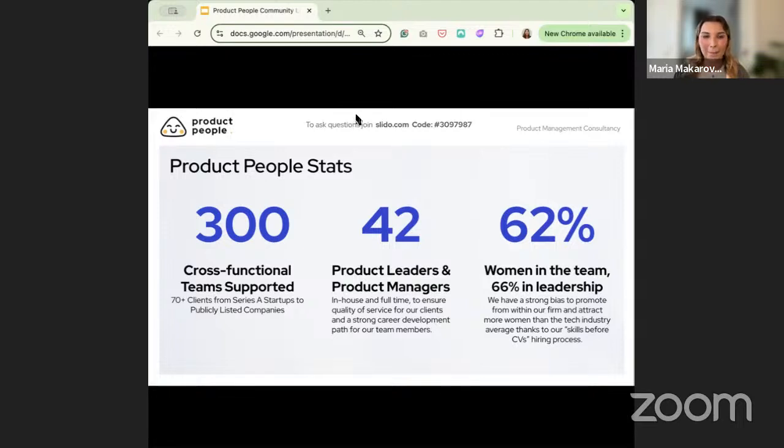And I personally really like to mention that Product People is over 62% women, and 66% of them are in leadership roles, which I think is very honorable to be part of this company because it's always fun to be surrounded by girls.